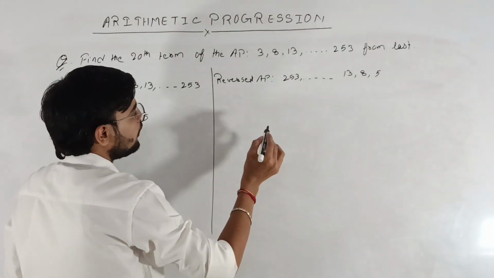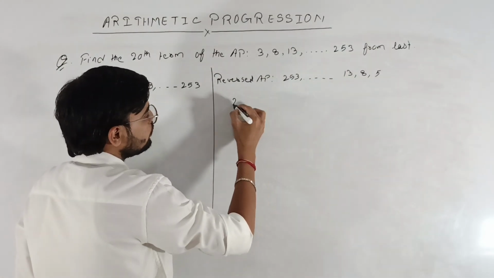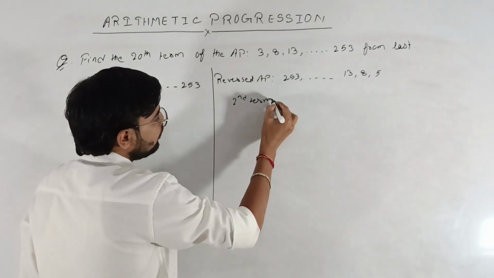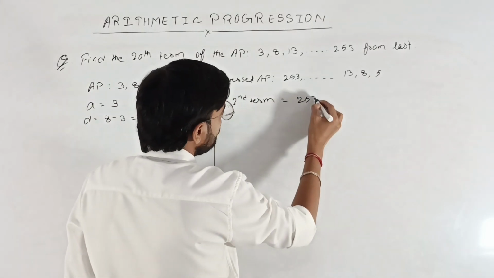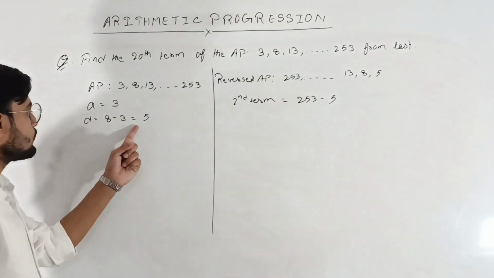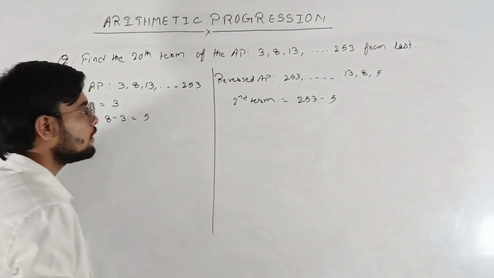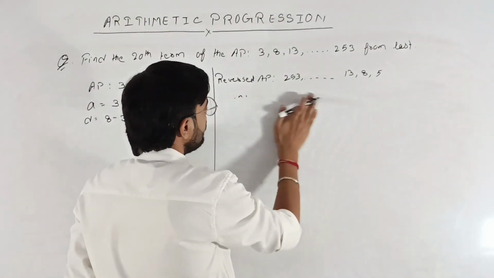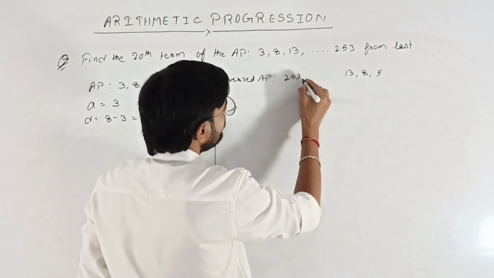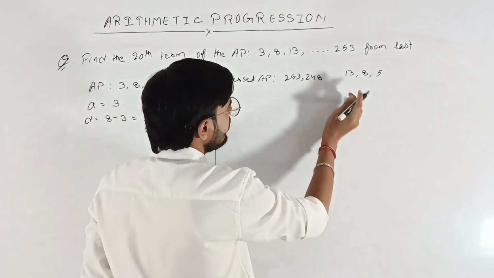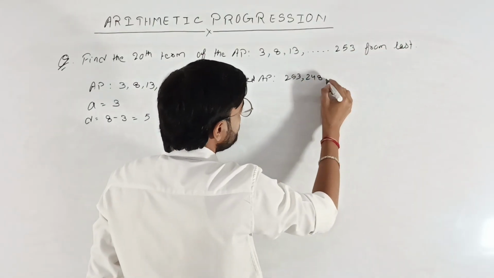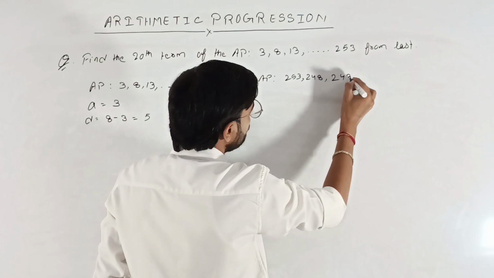For the second term, I do 253 minus 5, since the common difference is 5. Then the second term is 248. Similarly, the third term is 243 from last.